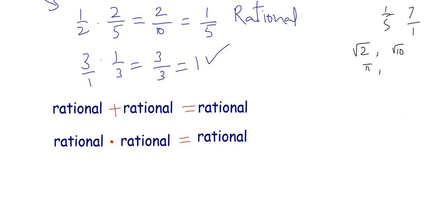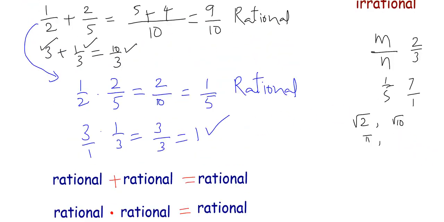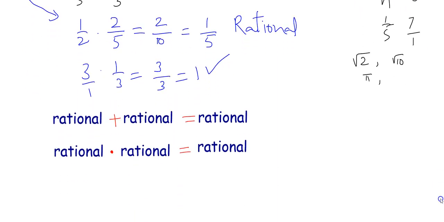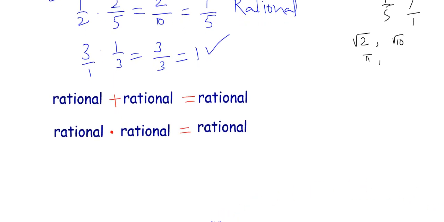Okay, now what if you include an irrational number in it? For example, let us take 2, which is a rational number, to that add square root of 3. That is, to one rational number we are adding an irrational. So what is the result? 2 plus square root of 3.